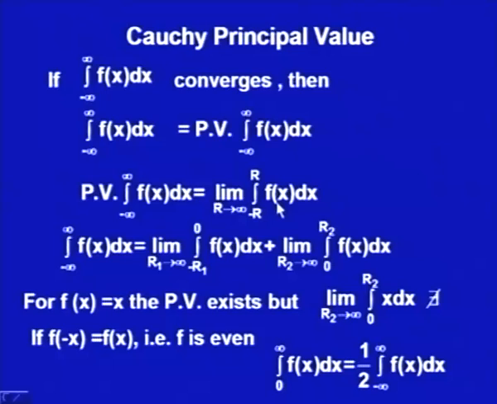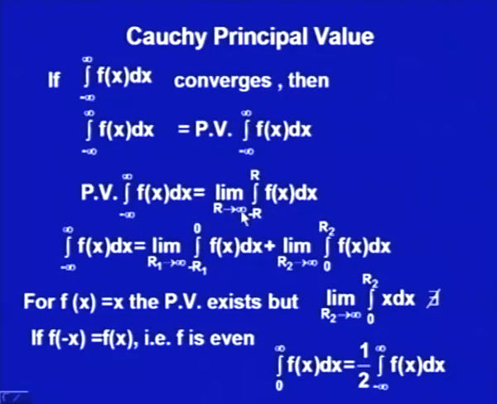Now, f(x) is even, we do know from the properties of definite integral, where this r is a finite value, that integral from minus a to plus a f(x) dx, for f being an even function, we could write it as 2 times integral 0 to a f(x) dx. That says I could write it as 2 times integral 0 to r f(x) dx.